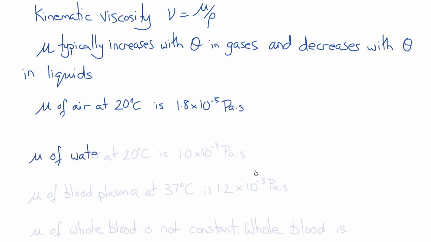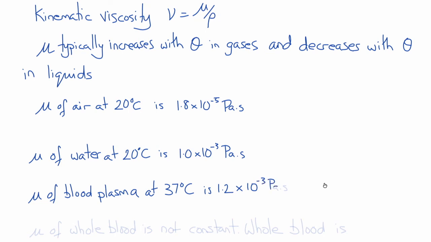The viscosity of water at 20 degrees Celsius is 1.0 by 10 to the minus 3 Pascal seconds, 50 times greater. The viscosity of blood plasma at 37 degrees Celsius is only a little bit greater than that of water at room temperature, 1.2 by 10 to the minus 3 Pascal seconds.